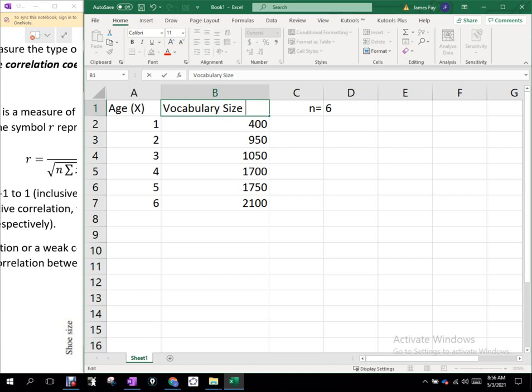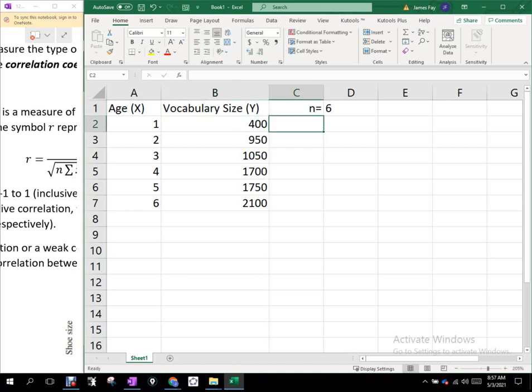If age is dependent on vocabulary, that means that how big my vocabulary is will dictate how old I am. Or is it the other way around? Okay, so age is the independent variable, and vocabulary depends on how old we are. So my age is my X's, and my vocabulary is my Y's.